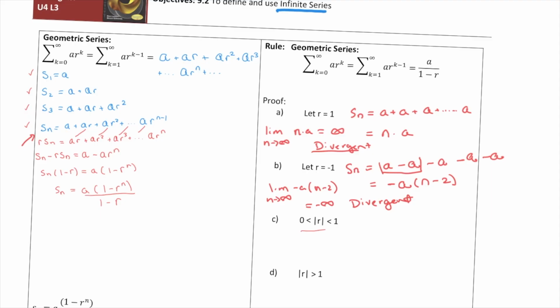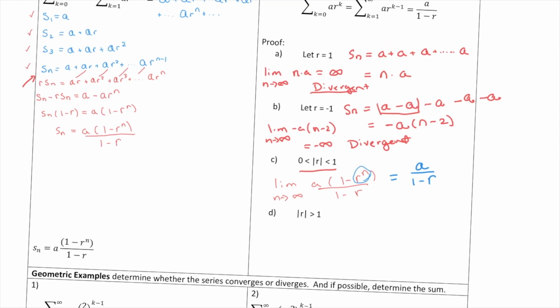What happens if we're between 0 and 1? We have the limit as n goes to infinity of a times 1 minus r to the n divided by 1 minus r. Now, as n goes to infinity, this r to the n is going to go to 0 because the r value is between 0 and 1. If that happens, our limit is going to be a over 1 minus r.